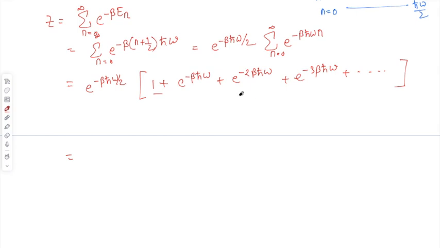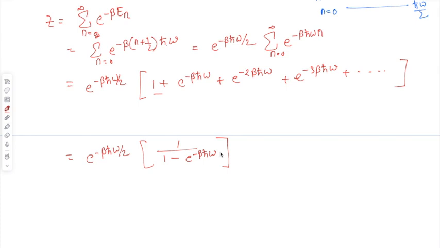Look into the series. The series inside this bracket is a GP series, where the first term is 1, and this is an infinite GP series, and the common ratio between two consecutive terms is e to the power minus beta h cut omega.